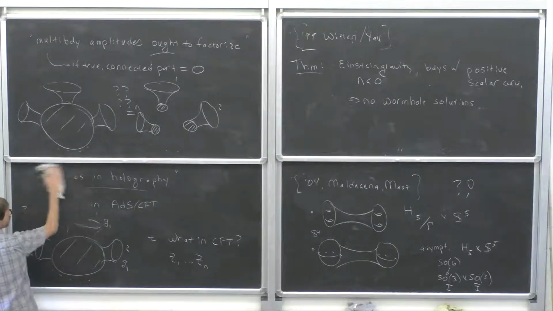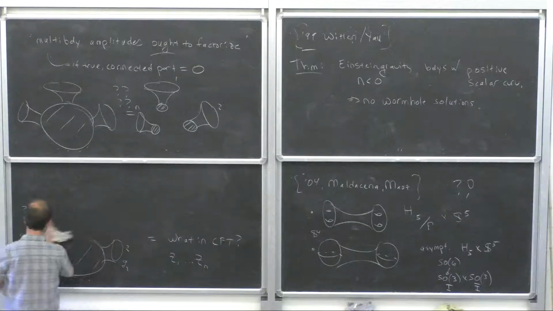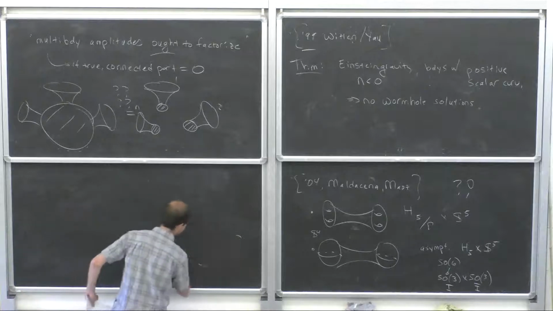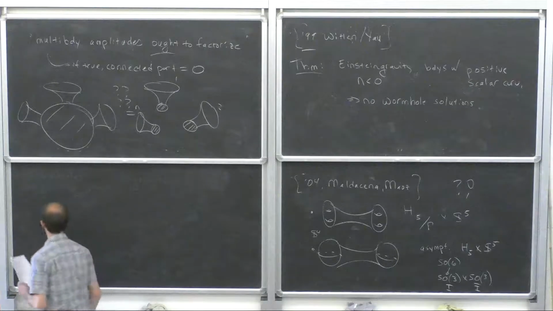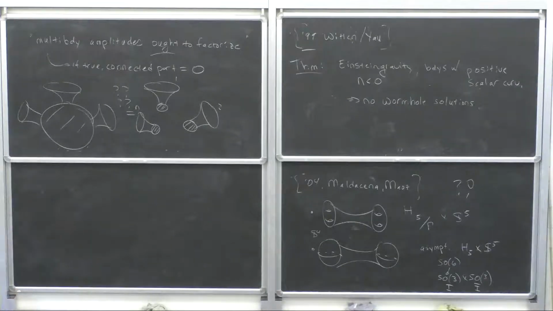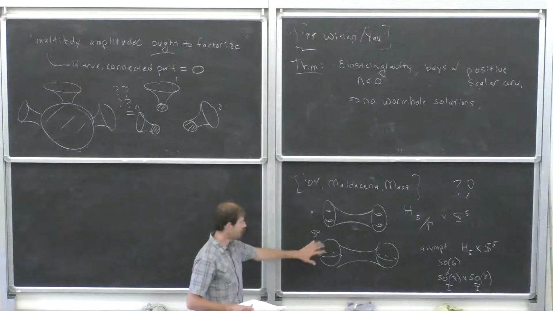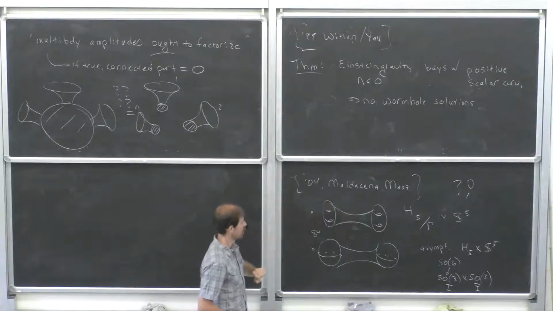When it comes to this first class of wormholes, the ones with higher genus boundary or negative scalar curvature on the boundary, you actually had good reason to be skeptical of their status in string theory. It turns out you had good reason to be skeptical of these. I'll explain why in a moment.